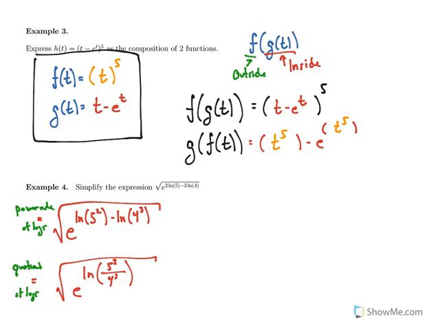And now, because I have e to the natural log of something, this is from inverse functions, this is equal to the square root of just 5 squared over 4 cubed.